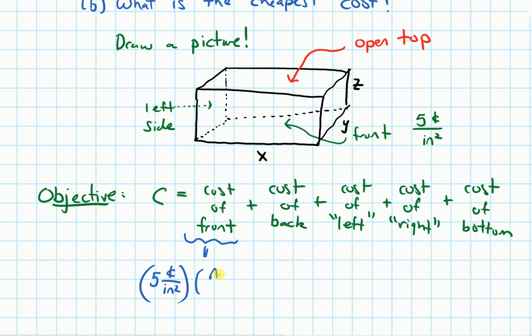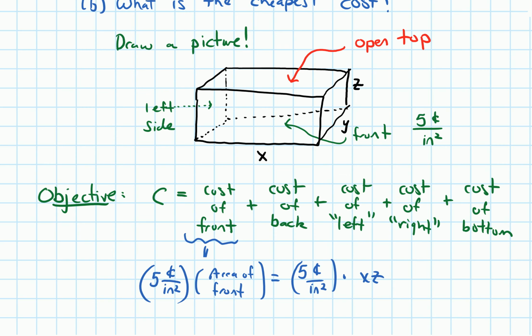The area of that front side. Okay, so this gives me 5 cents per square inch times, and what's the area of the front? Well, it's a rectangle, and I know that the length is x, and the height is z, so xz, and the units of length.